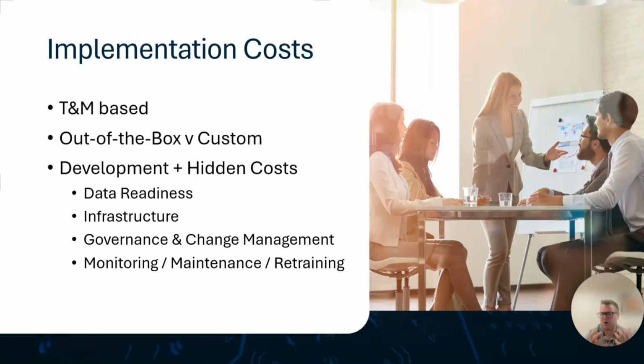Ultimately, these agents are undertaking a task or fulfilling some sort of business objective, and you need to manage them as such, the same way you would manage a staff member. So just make sure you implement some sort of monitoring and maintenance into your process. So that's implementation. Let's talk about operating.